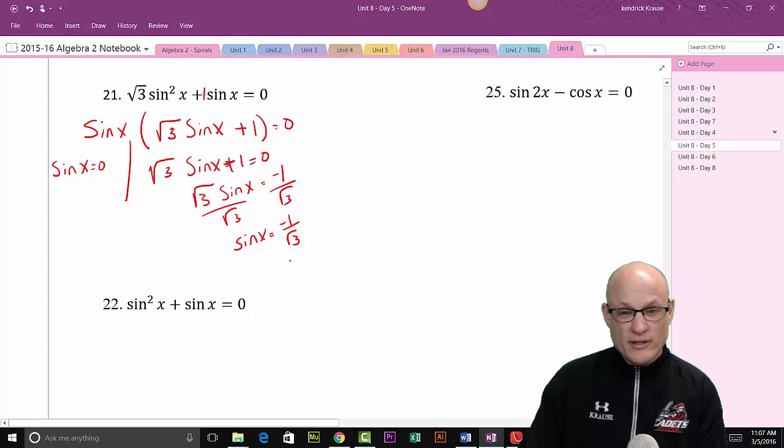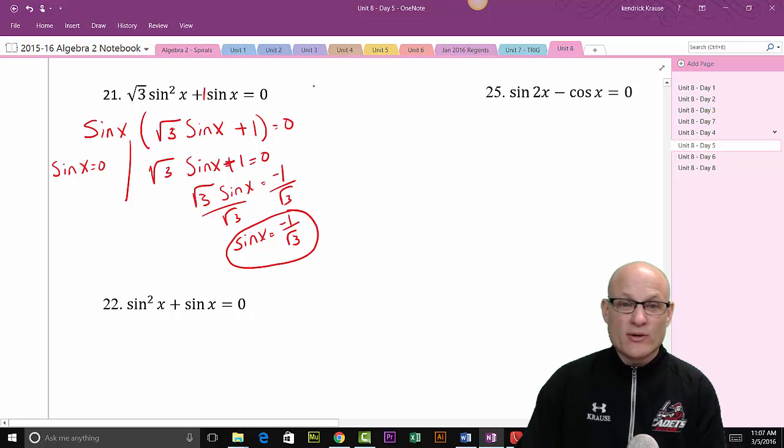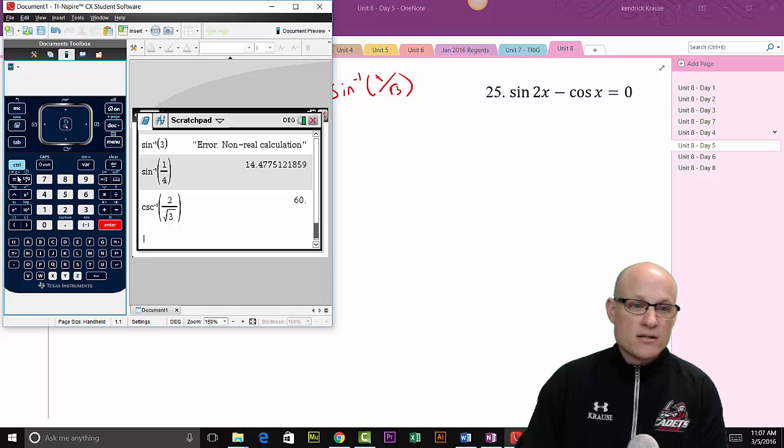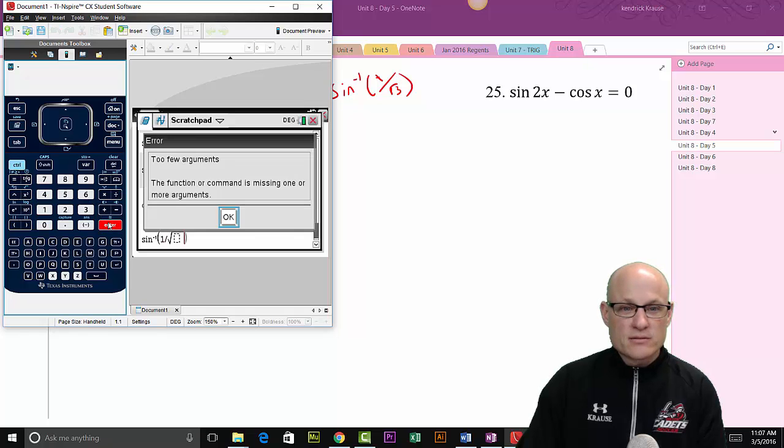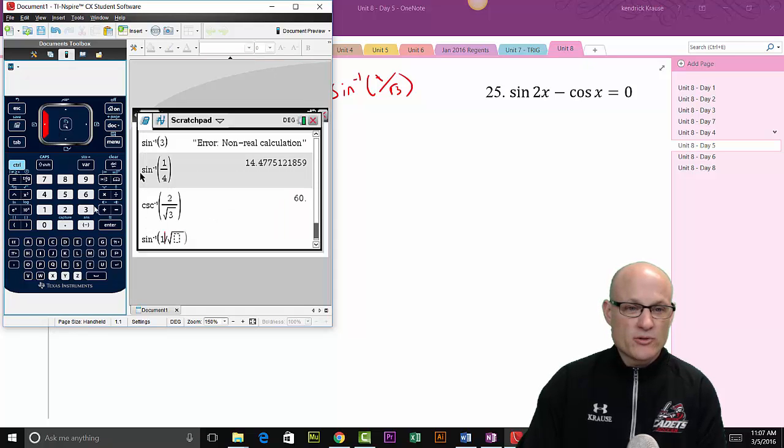Well, this is what I'm going to use in my calculator. I'm going to do x equals inverse sine of, now, I'm not going to do the negative. I just got to remember that's going to help me with my quadrants, 1 over radical 3. So I take my calculator out, inverse sine of 1 divided by radical 3. Oops, forgot to put a number in. That's because my computer's messed up.